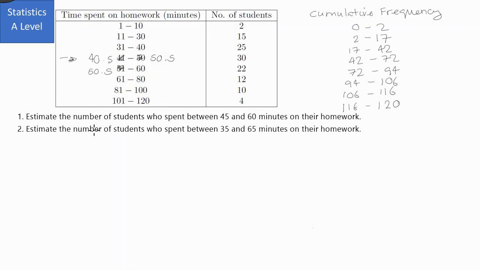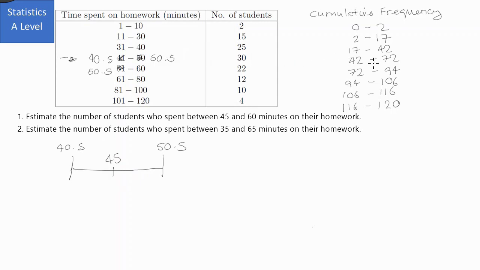Okay, so we're looking at this group because we're looking for the 45th minute. So we draw something like this to represent the class, and you put the lower class bound up here, the upper class bound up here. 45 minutes is going to be roughly over here, and then on the bottom we've got the lower cumulative bound, so we go along to our cumulative frequency.